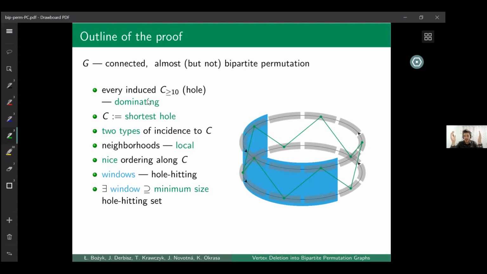And after we know that, you can see that we can actually find this minimum size hole hitting set by repeatedly applying separator finding within such a hole. So let me be more precise.